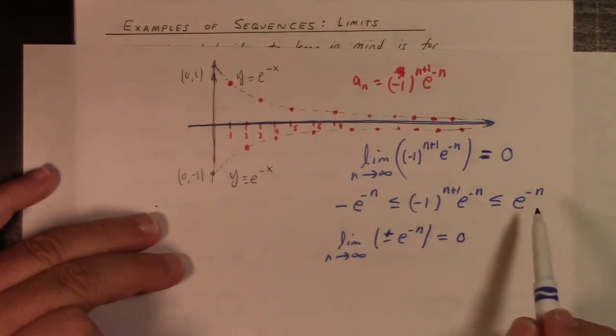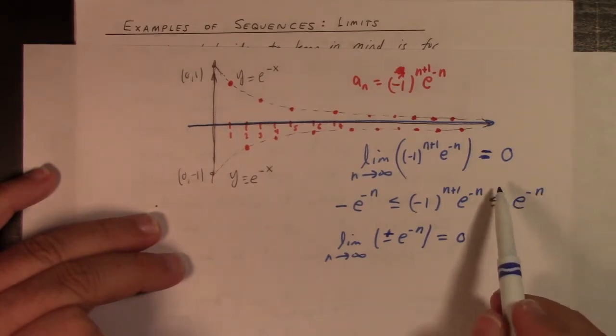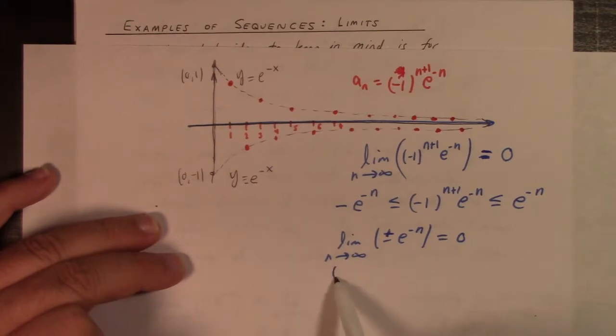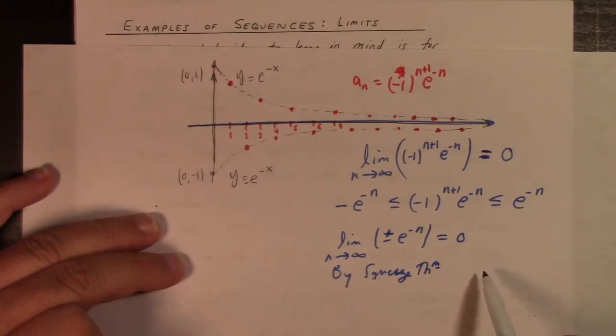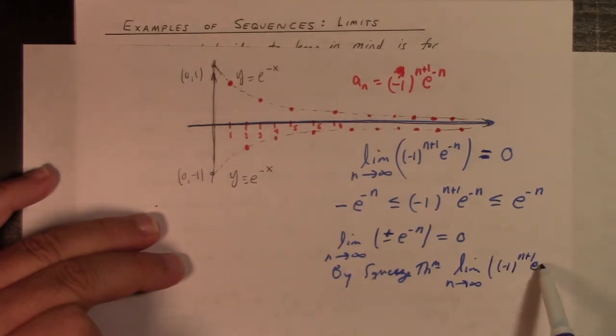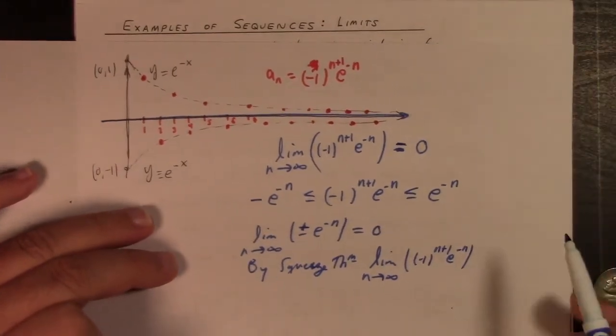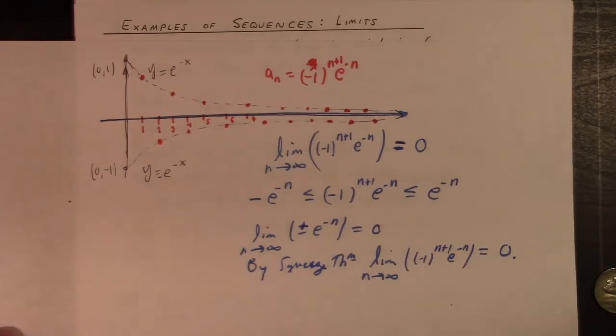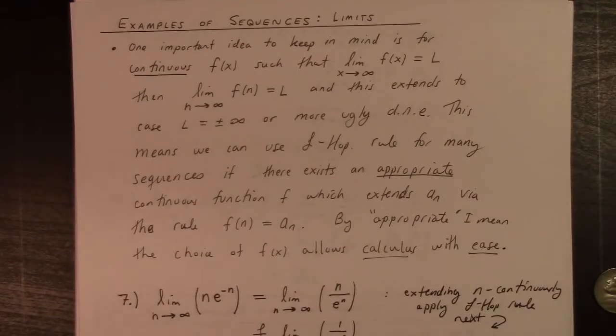So when that goes to 0 and that goes to 0, the squeeze theorem says the thing in between must also go to 0. So by the squeeze theorem, the limit as n goes to infinity of -1 to the n plus 1 times e to the minus n equals 0. All right, so there would be a somewhat complete argument at the level of this course.